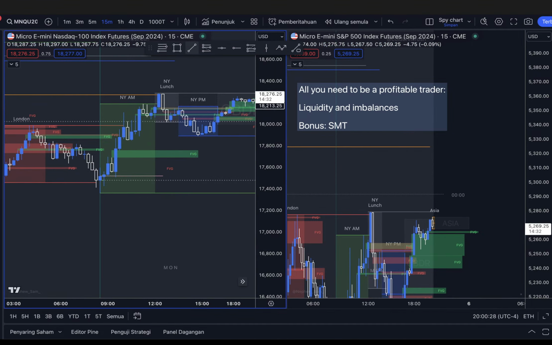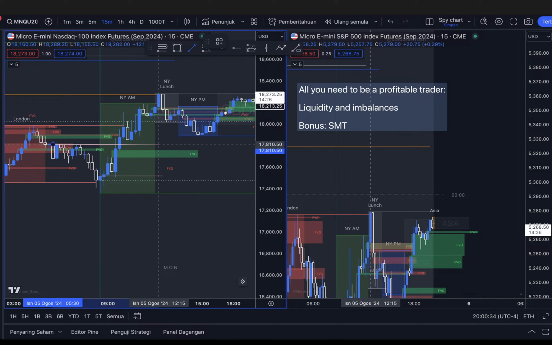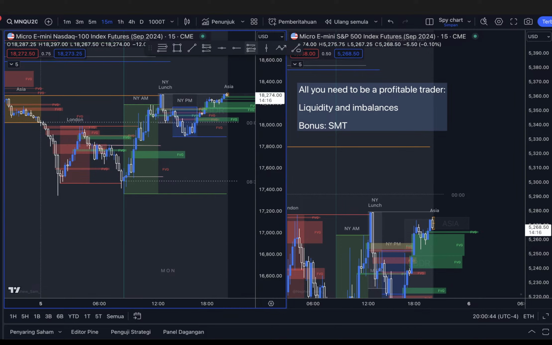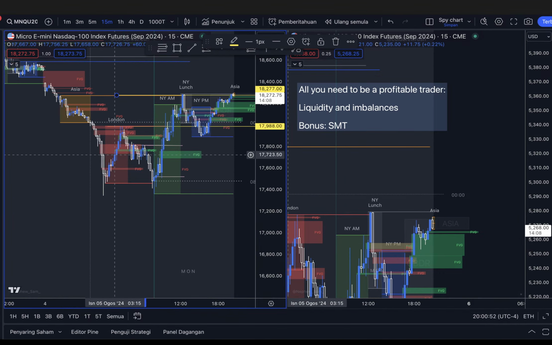I marked out this one for internal liquidity, and it wicked down for a little bit. That's what faked you out to go down, even though I made my money, and then it went our way. And I had London marked, and I had Asia marked, and it went to both, but I sold early, and I'm going to tell you why.